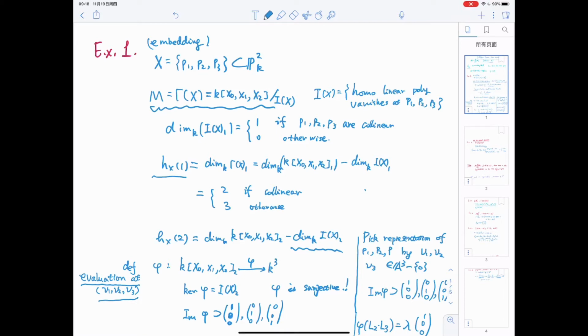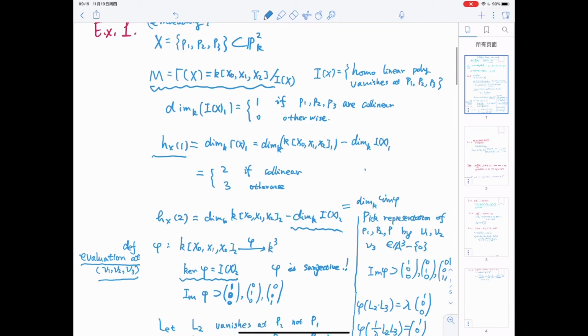And then the kernel of phi is what we want, I_X(2). Therefore, h_X(2) equals the dimension of the image of phi. But indeed, phi is surjective.